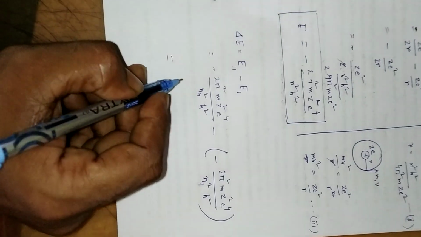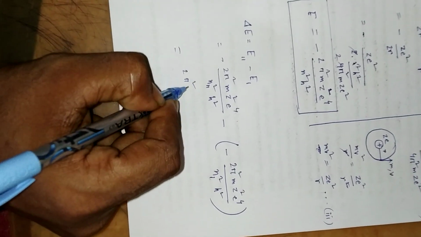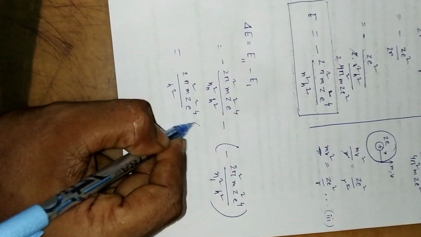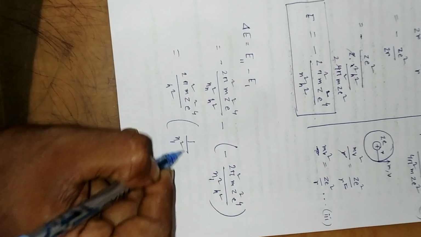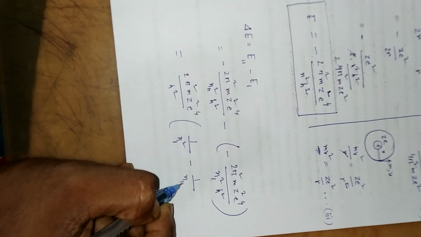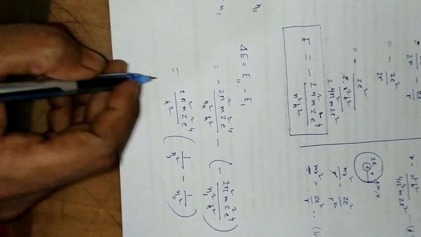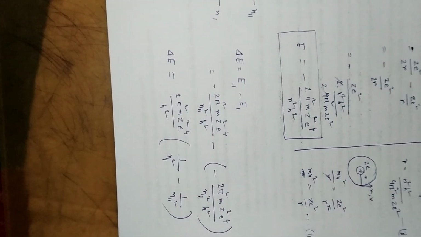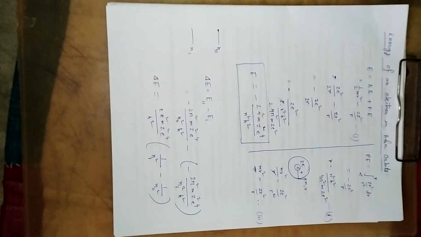So it will be equal to 2 pi square m z square e to the power 4 by h square into 1 by n1 square minus 1 by n2 square. So this is the difference in energy between the two states.